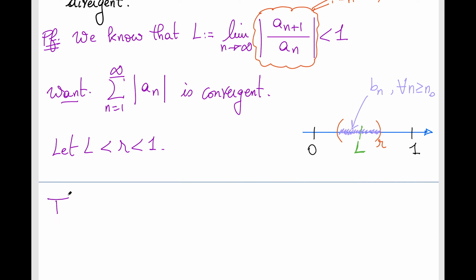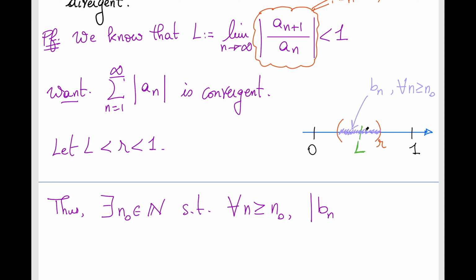So thus, there exists a rank n naught such that for any rank bigger than n naught, we have that the absolute value of Bn, right?